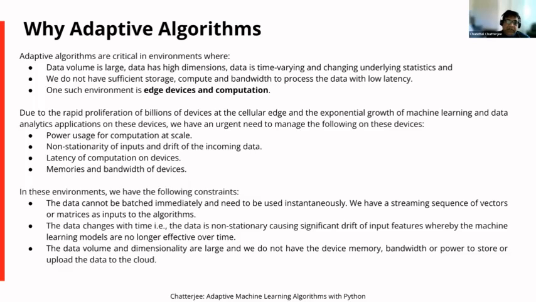Bandwidth is also irregular. In geographic location, a metropolis may have good bandwidth. If you go slightly outside, you lose bandwidth. That happens here too. And then you also need to process the data with low latency, which means that if you want to give a recommendation to somebody buying a product at a store on their phone, you want to do it right away, right?